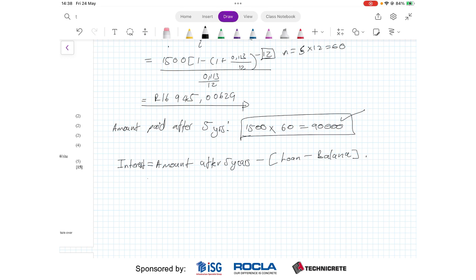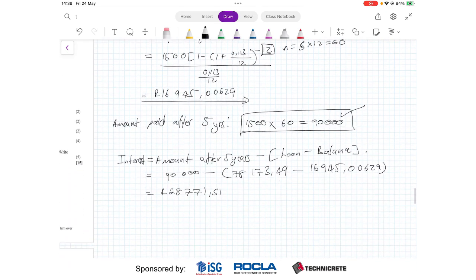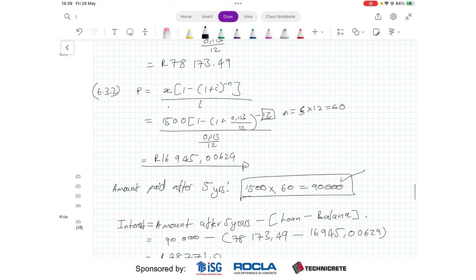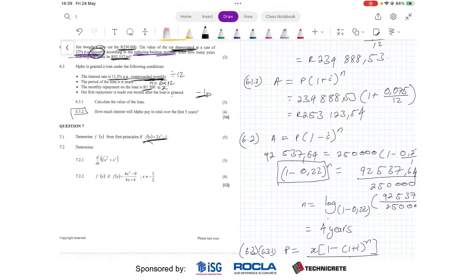And that is going to be 90,000 minus 78,173.49 minus 16,945.00629, and your final answer will be something to the likes of 28,771 and 51 cents. So that is the amount of interest that Mpho pays after 5 years.